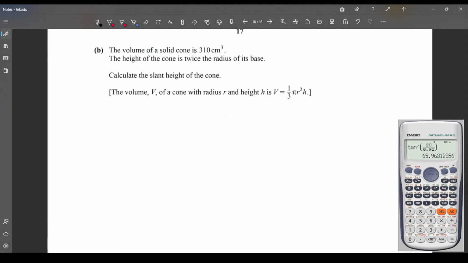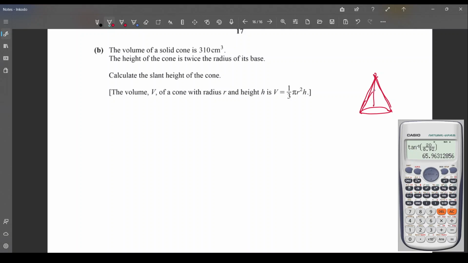So question number 11, part B, says the volume of a solid cone is 310 centimeter cube. We know that the cone is in this format. The height of the cone is twice the radius.